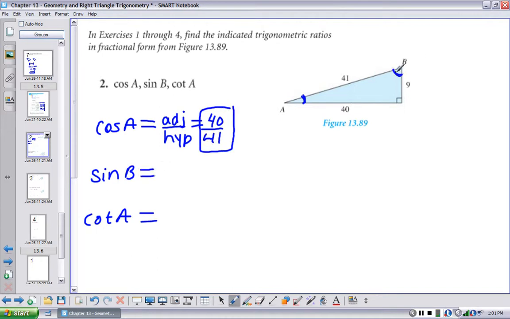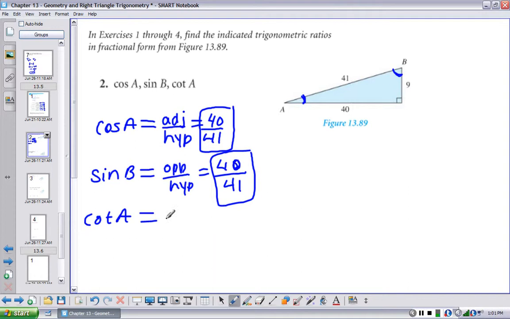Sine B, we look here. Remember, sine is opposite over hypotenuse. So this is B. The opposite side is 40. The hypotenuse is 41. So we got the same value back, but notice we looked at 2 different angles.